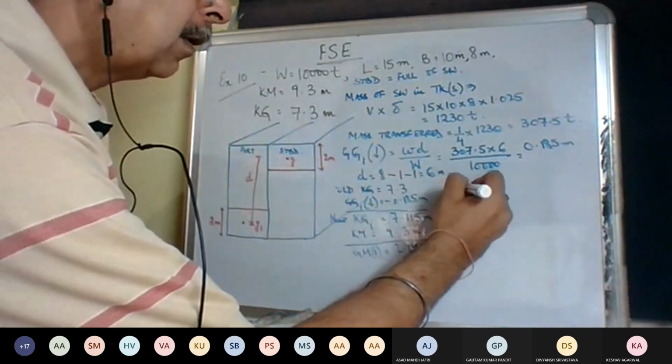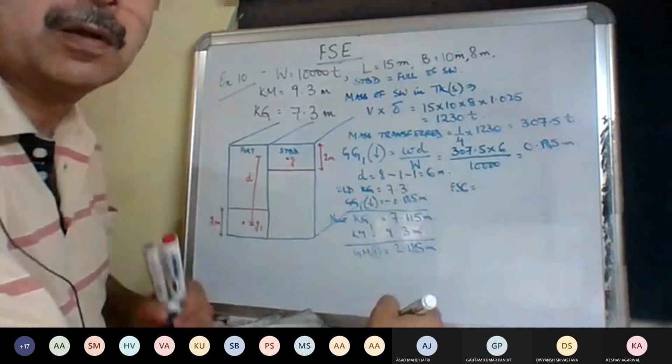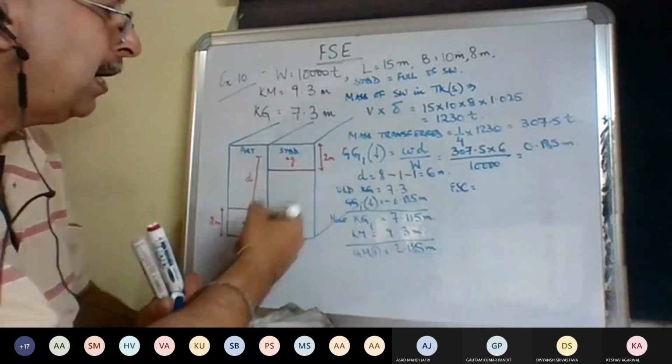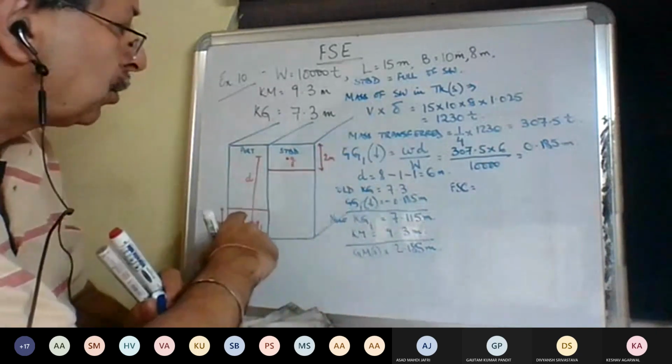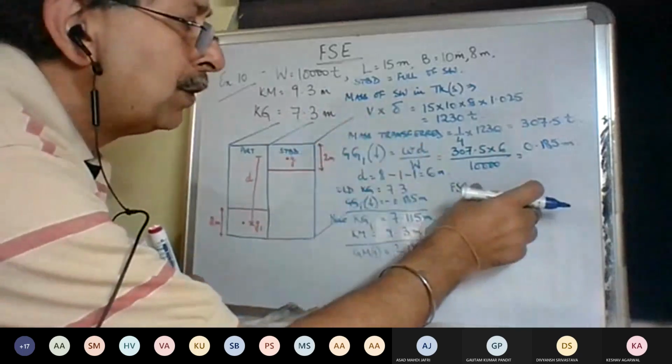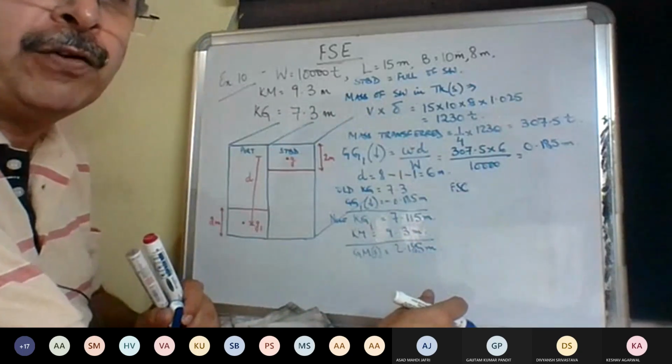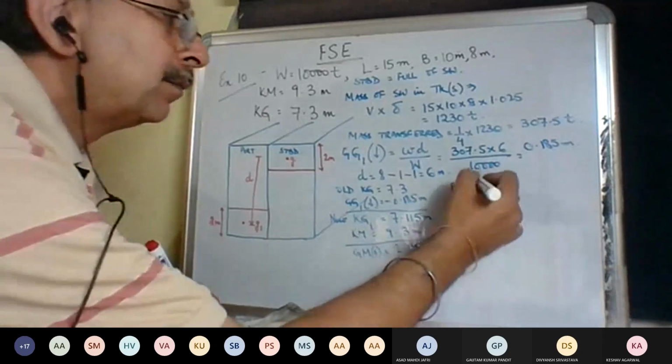FSC. For an undivided tank, or I can take a divided tank. I can calculate port separately, starboard separately, whichever you want. So I calculate FSC for the port tank.